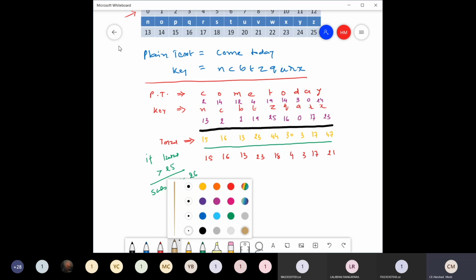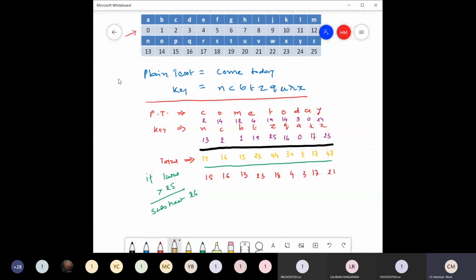So see this matrix again. 15 means P, 16 means Q, 13 means N, 23 X, 18 is S, 4 is E, 3 means D, 17 means R, and 21 means V. So this is the ciphertext after applying the one-time pad encryption algorithm.